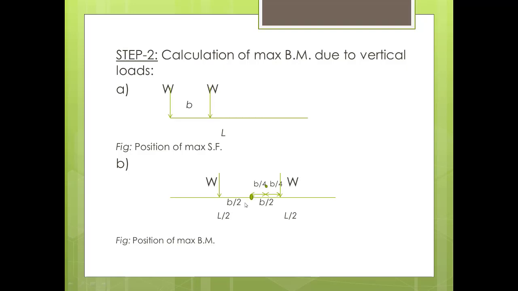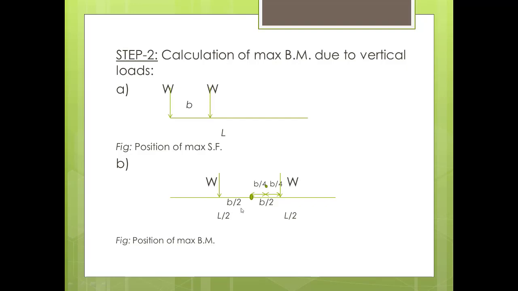The distance between the CG of the wheel loads and one load should be B by 4. Here we will get the maximum bending moment. This is how the wheel loads should be placed in the span so that we get the maximum bending moment.